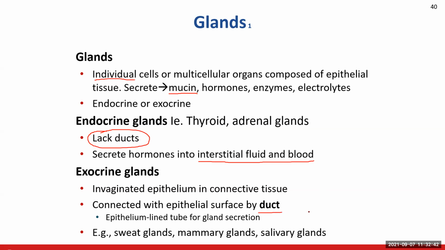And so they're living there in the connective tissue, making stuff, and then they have a duct that connects from the gland itself all the way to the surface of the epithelial tissue. And that duct is going to be lined with, you guessed it, more epithelium, okay?